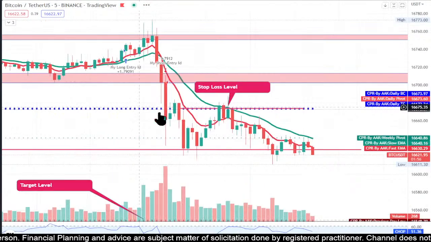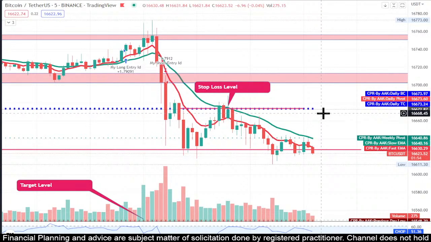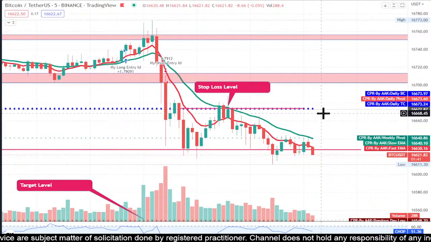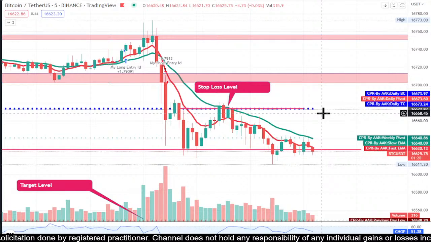However, because we trade based on the 5 minutes candle and we find the patterns based on the 5 minutes candle, it is a continuation of the candle which is also showing the price being supported below the previous day pivots level. And if this candle closes the same way in the red, then we can expect the next candle and a couple of candles thereafter going towards our target.